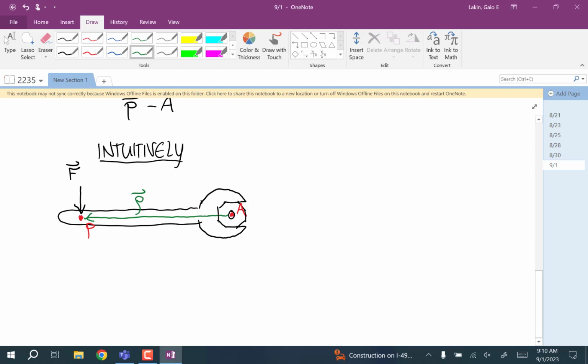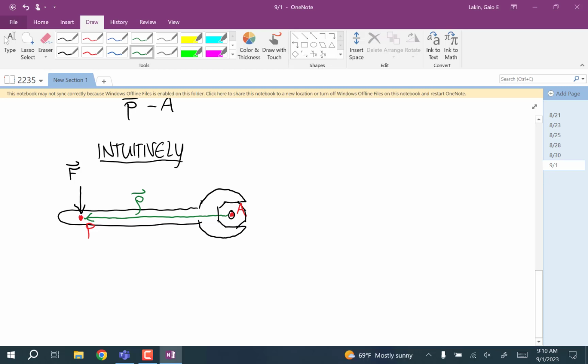And if you're trying to turn this bolt, if you can apply a force with a magnitude F, you know from experience that you want to apply that force way out on the end of this wrench. If you apply that same force at the middle of the wrench, it's less likely to make it turn.